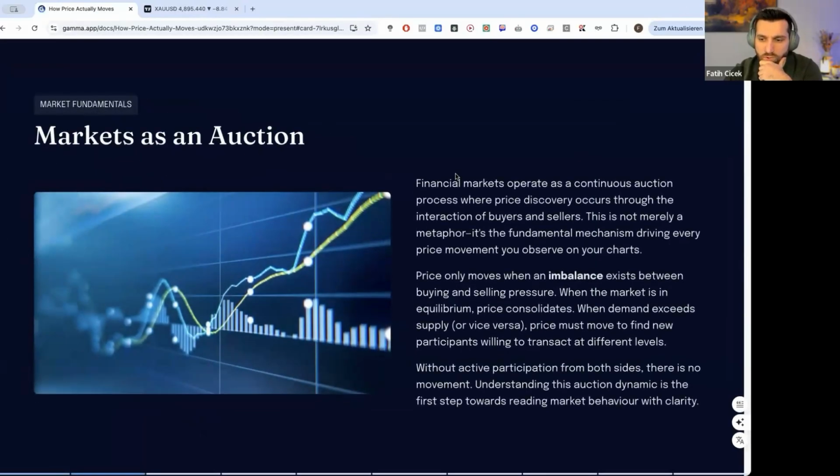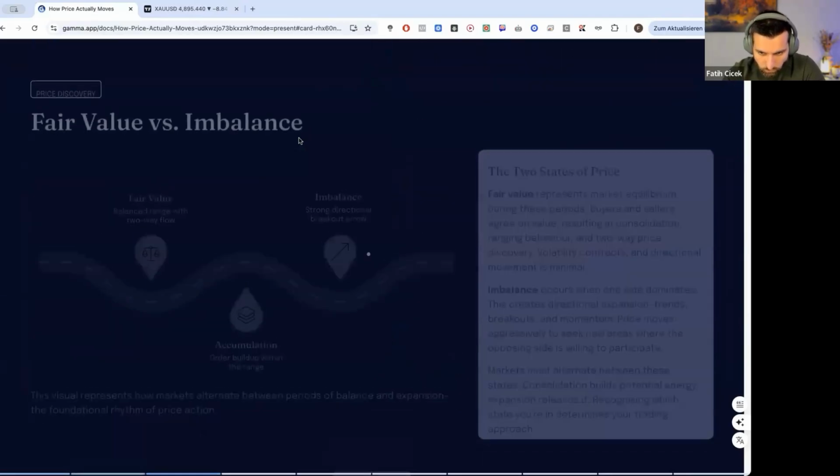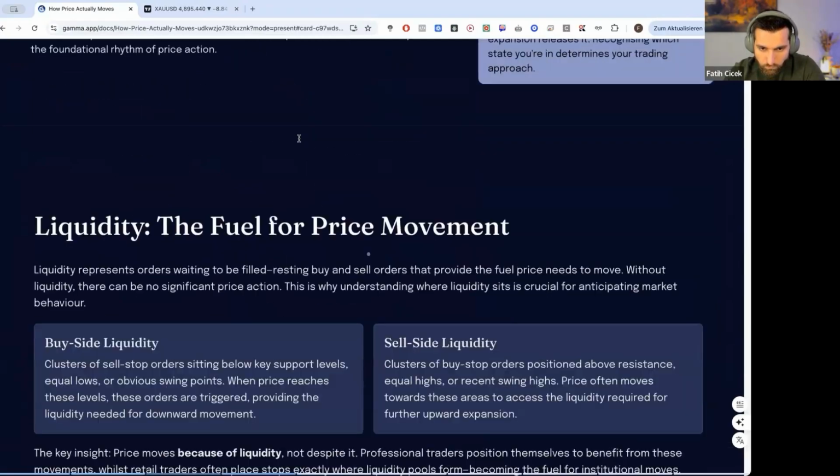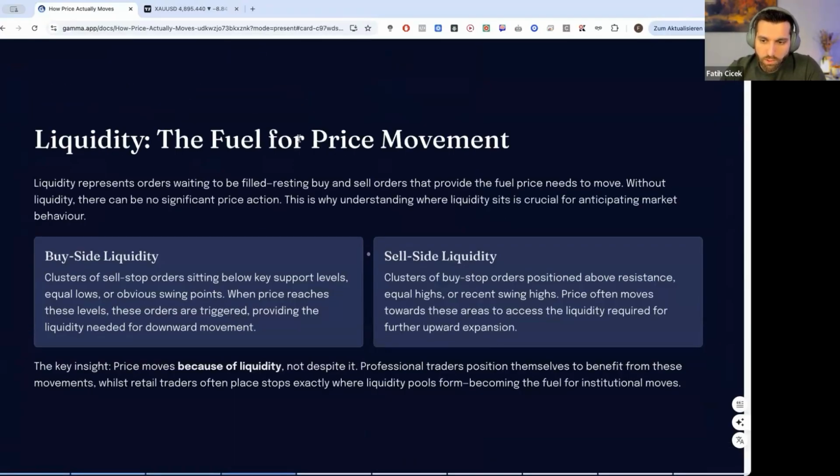Okay. Good. So we've understood that market is just an auction where buyers and sellers are bidding on prices and they're trying to establish an equilibrium, which is what actually makes price move. Now, the second concept that we have to understand is liquidity.